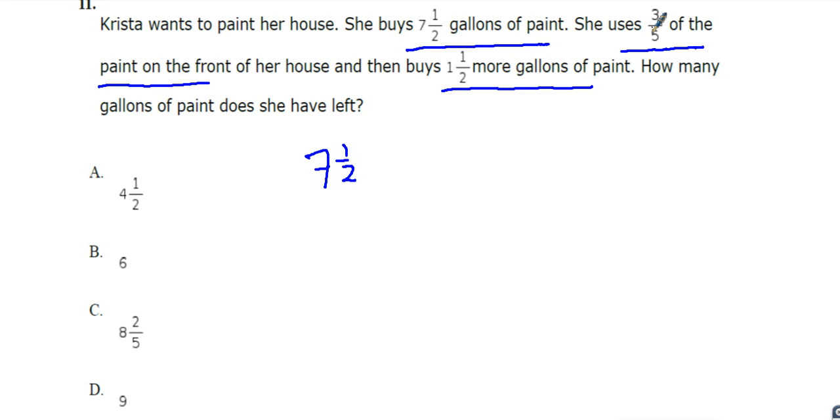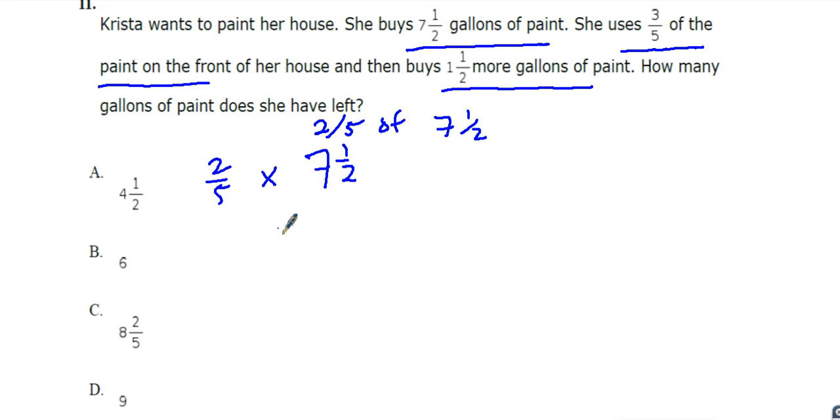Or you can say, well, if she uses 3/5 of the paint, that means she has 2/5 left. So 2/5 of 7.5 would be 2/5 times 7.5.